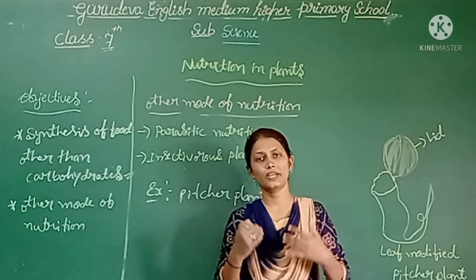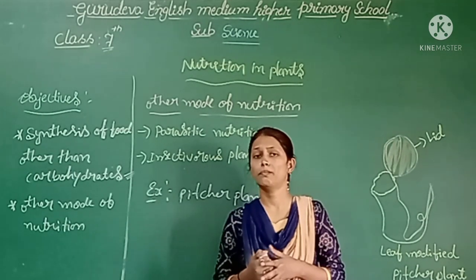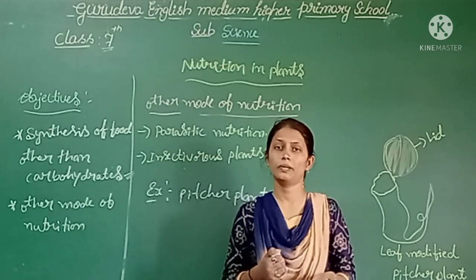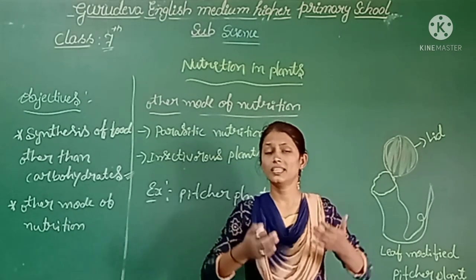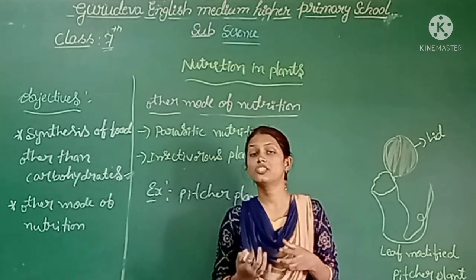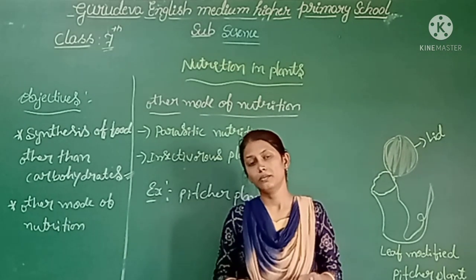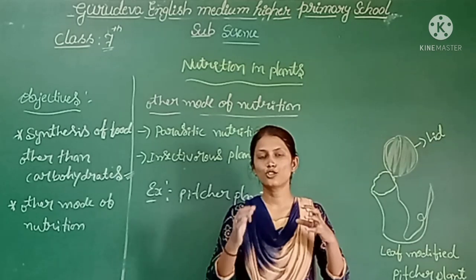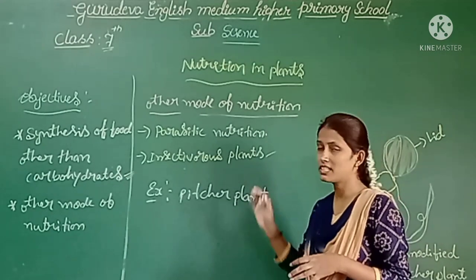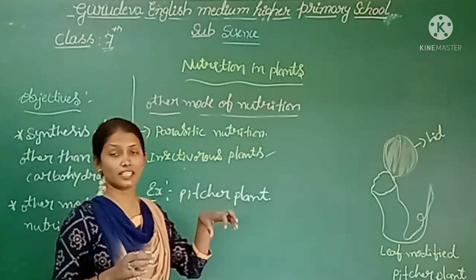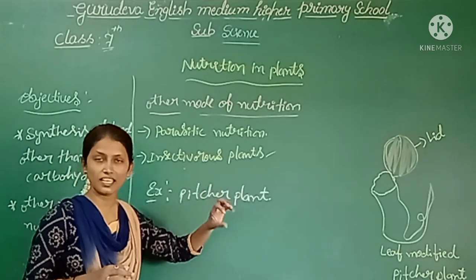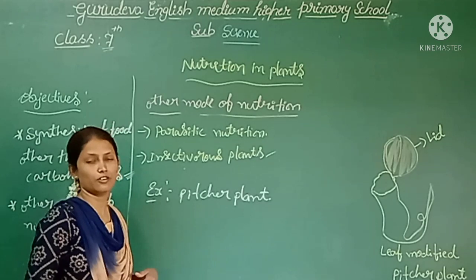Some plants prepare their own food, and some do not have the chlorophyll pigment, which means they are dependent upon other plants. Likewise, there are some plants which obtain food by eating insects. Those we refer to as insectivorous plants. By eating the insects, they obtain the food.